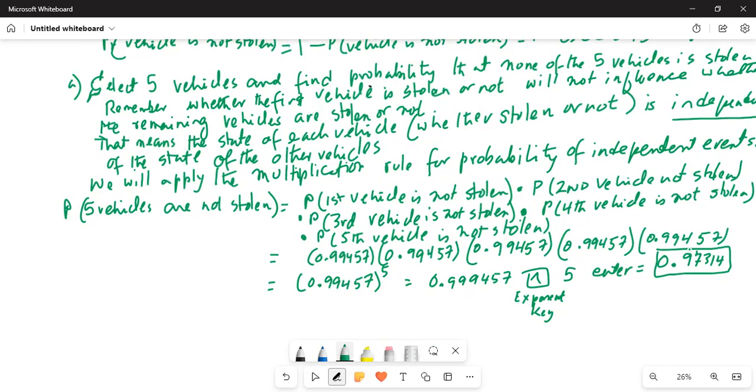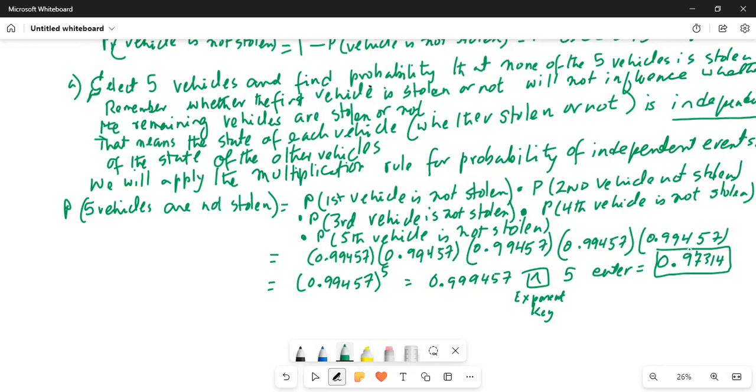So it's 0.99457 exponent 5 because there are 5 vehicles. And our final answer is 0.97314.